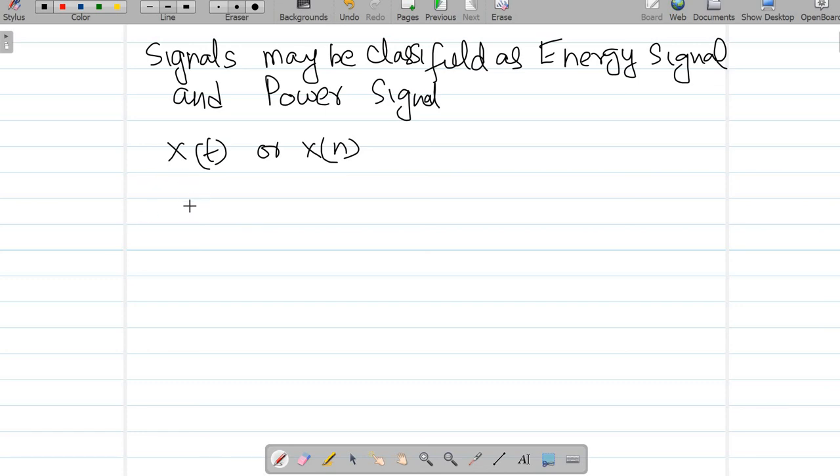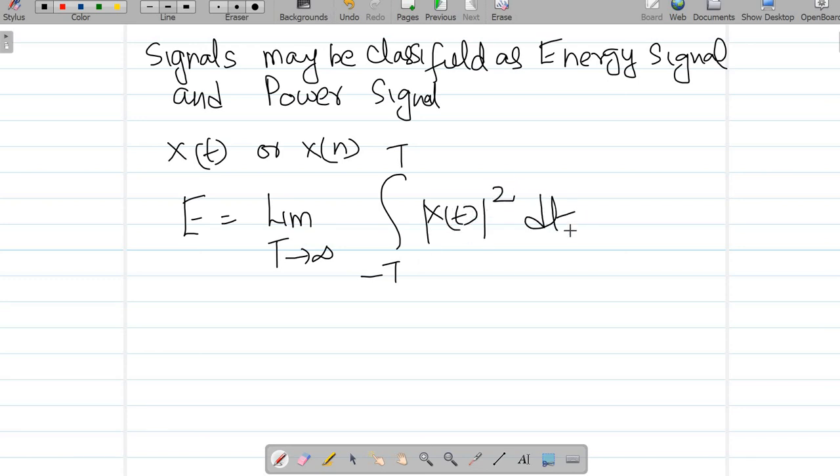Now a signal is said to be an energy signal if the following expression is evaluated. Limit T tends to infinity, integral of negative T to positive T of magnitude of x of t squared dt. When this integral is evaluated, it should result in a finite quantity, so it should be less than infinity.